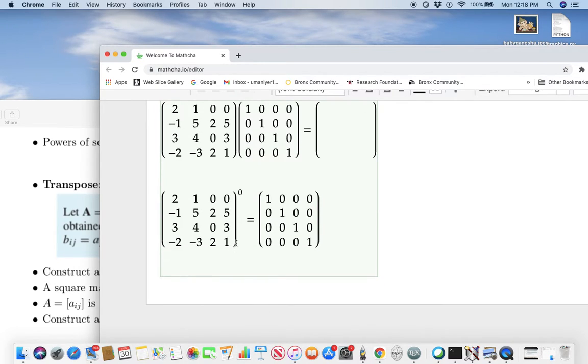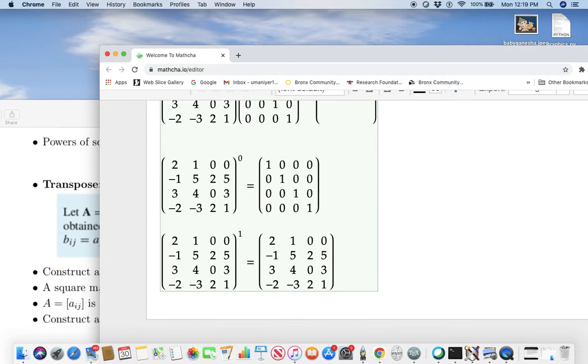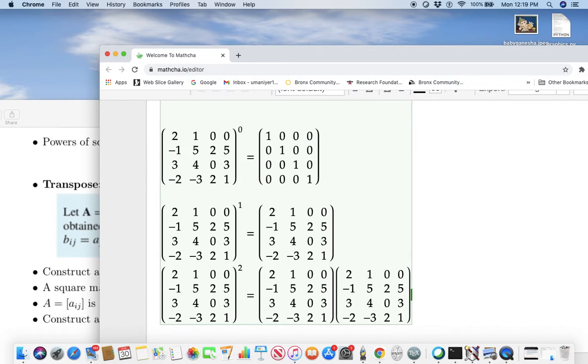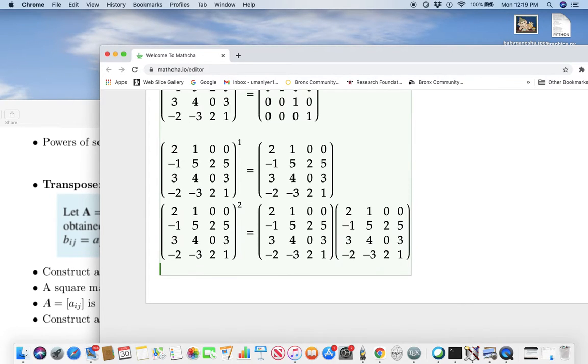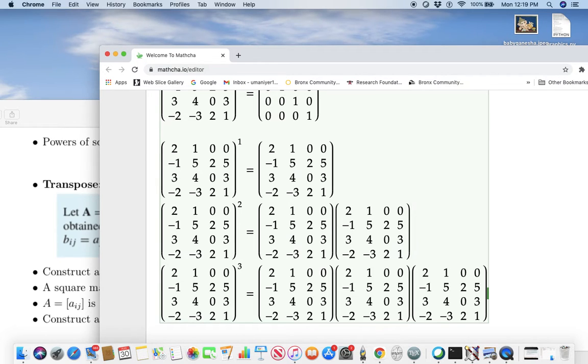Next, this matrix to the first power is itself. This matrix to the second power is the matrix multiplied by itself twice. This matrix to the third power is the matrix multiplied by itself 3 times, and so on.